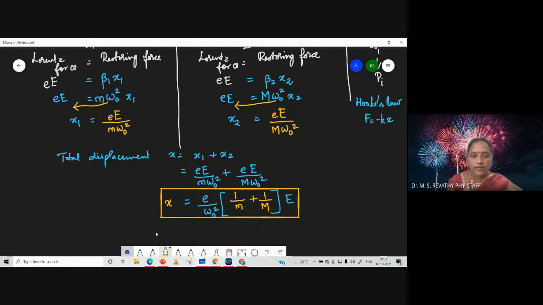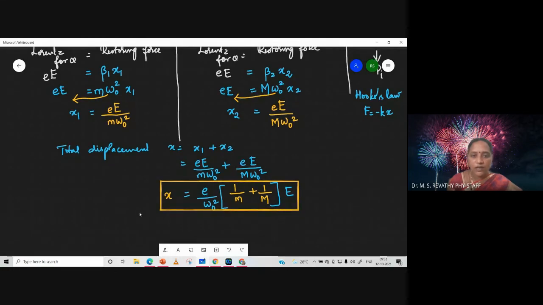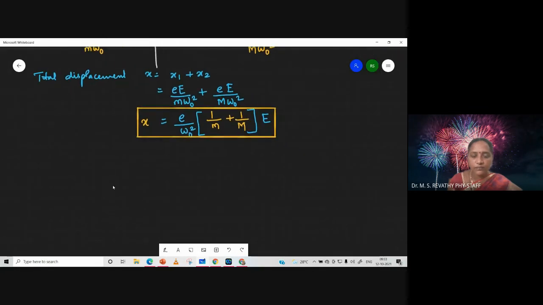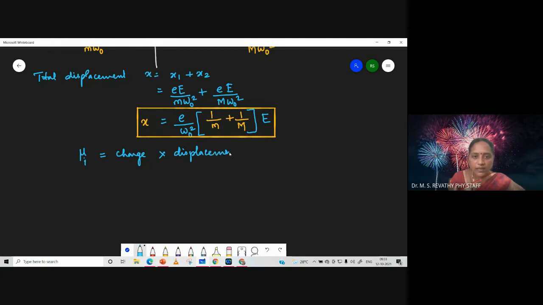After finding the total displacement, we have to calculate the electric dipole moment due to ions. The next job is to find mu I, or mu ionic, which is nothing but charge into displacement. In the place of charge, I can put E, the charge of the ions, into displacement x.